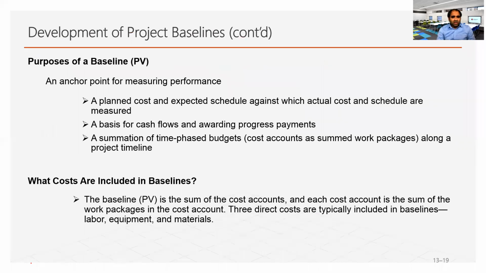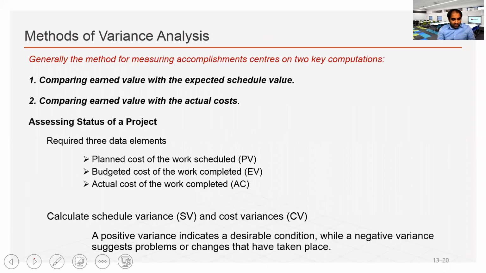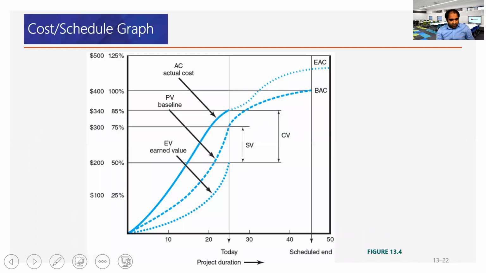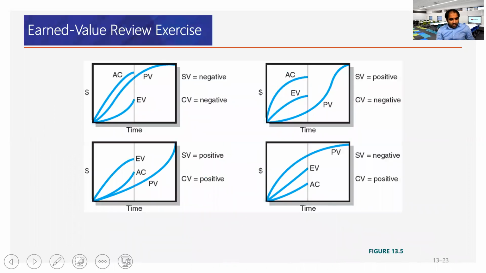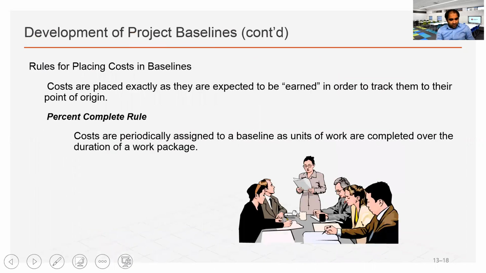So what cost is included in the baseline? This is actually the direct cost related to labor, equipment, and materials. But I wanted to show you the actual process of what we really do in constructing the budget baseline. I think I need to rearrange some of the slides here. All right. Okay, let's go back.